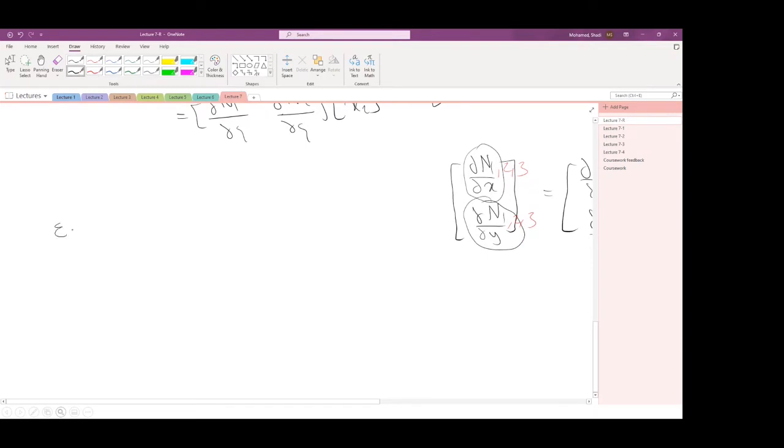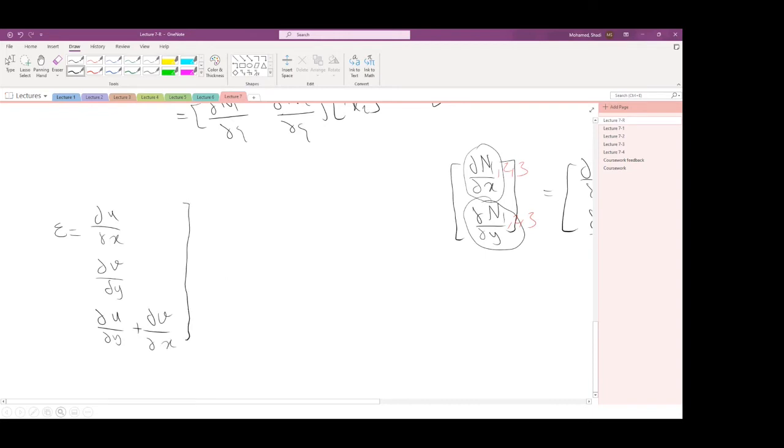So epsilon is going to be derivative of u with respect to x, derivative of v with respect to y, derivative of u with respect to y added to the derivative of v with respect to x.